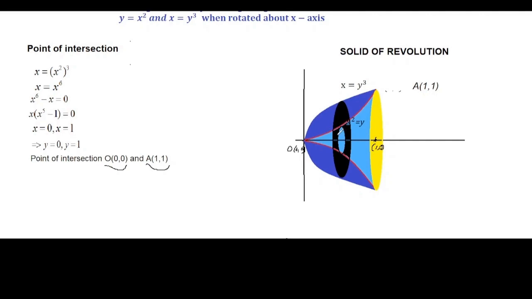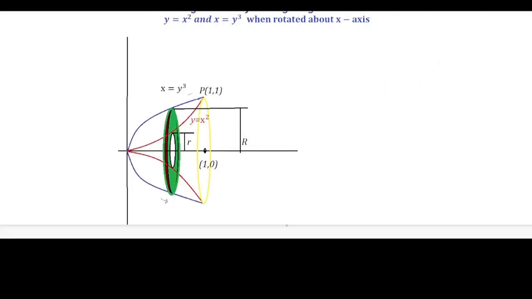Let's take a comparatively simpler picture to understand how the volume of the solid can be calculated. So here is the solid without any kind of shading, which will make things easier to understand. Let the width of the disk, which is parallel to the x-axis, be delta x.